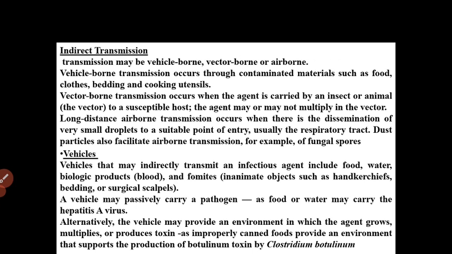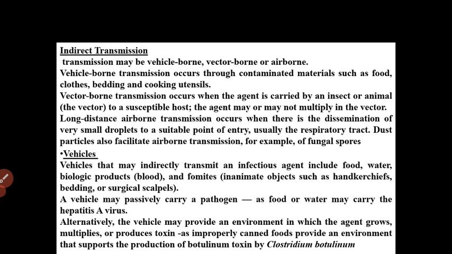What is vector-borne transmission? It occurs when the agent is carried by an insect or animal to a susceptible host. The agent may or may not multiply in the vector. Fine. Now, airborne transmission. It occurs when there is dissemination of very small droplets to a suitable point of entry, usually the respiratory tract.